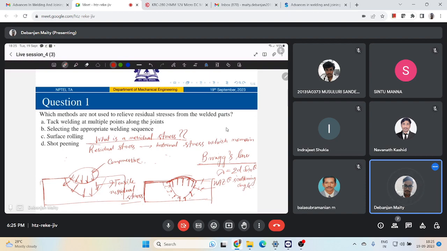What is d? D is interplanar distance, correct? And what is lambda? Lambda is the wavelength.